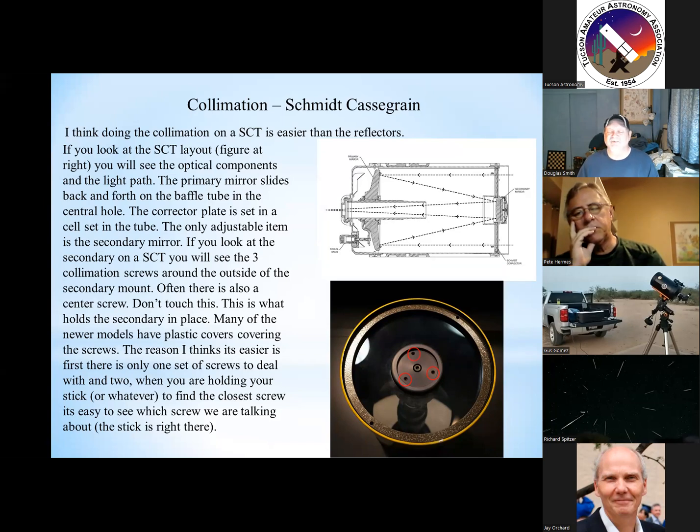The reason I say Schmidt-Cassegrains are easy is when you're holding your pencil or your chopstick over the front of the scope, and you find the place where the rings are closest together, you're pointing at one of those screws. The pencil is going to be right there on top of one of those screws, or really close to one. So you're going to know exactly where to take your little Allen wrench and twist.